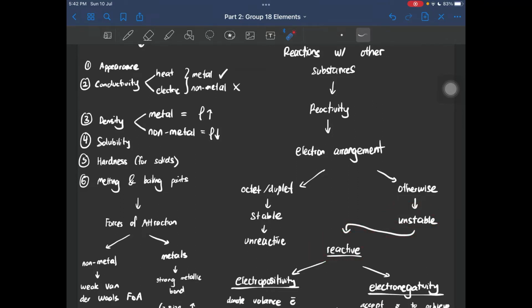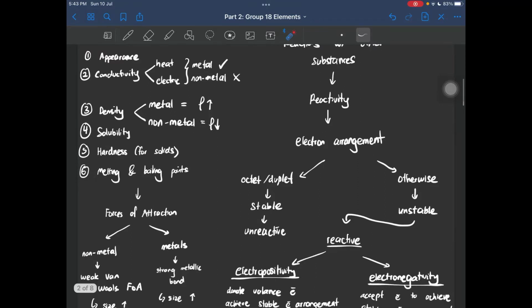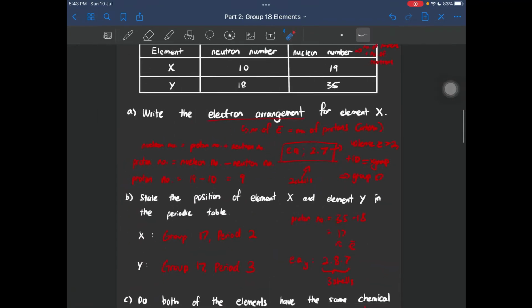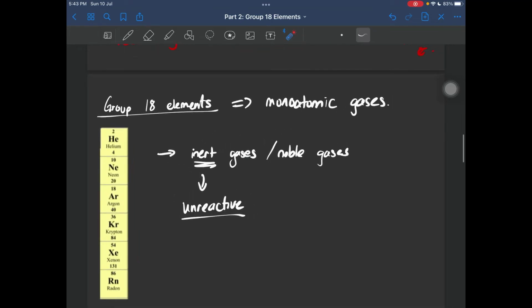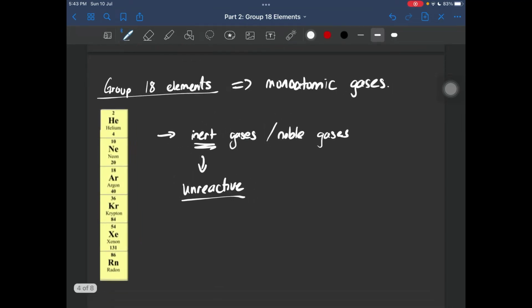This is because if it has not achieved stable electron arrangement yet, it will want to release or receive electrons from other elements in order to achieve it, so it must react with other elements. However, group 18 elements are unreactive because they have already achieved stable electron arrangement.